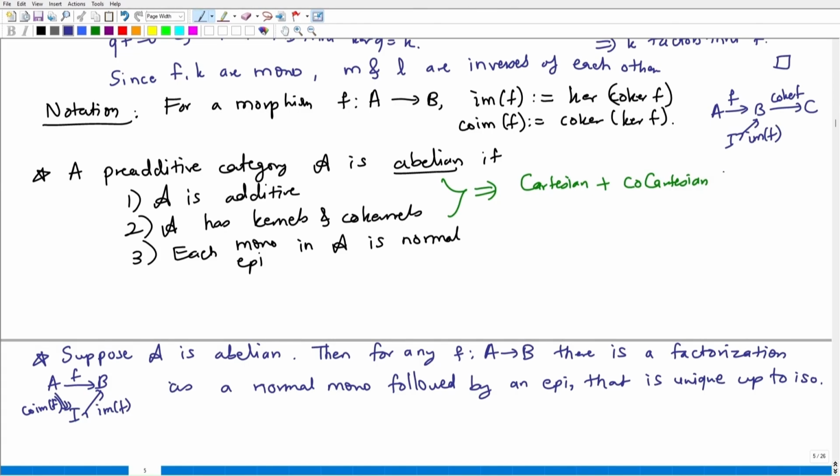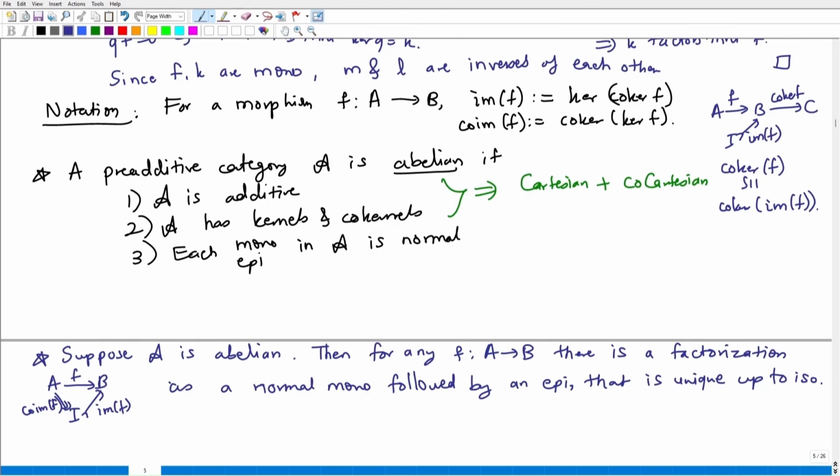Then the co-kernel of f is isomorphic to the co-kernel of its image as well. The image is not going to give you anything different. Up to isomorphism it will be equal.